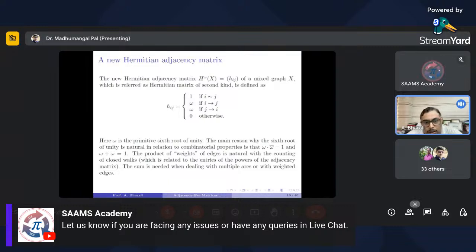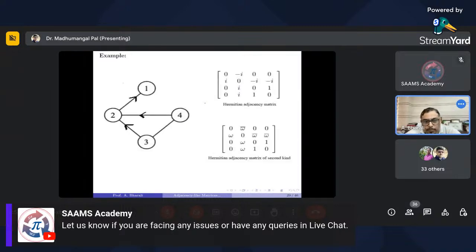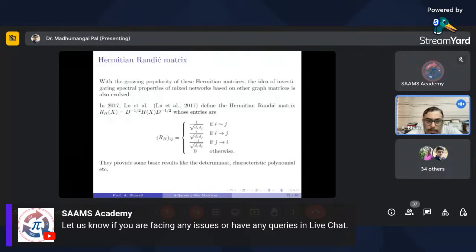Later I will try to convince you why this particular combinatorial property, that the sum of i and minus i is 0 and omega plus omega bar is 1, is going to play a key role in obtaining some very specific results. So this is the first Hermitian adjacency matrix, and this is the Hermitian adjacency matrix of the second kind. The difference is that you have the sixth root of unity in place of the square root of unity.